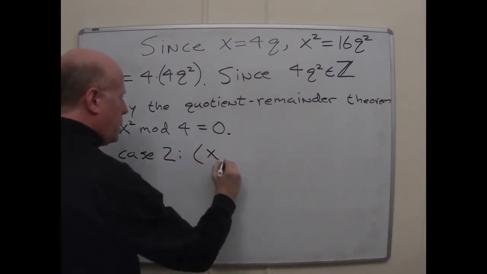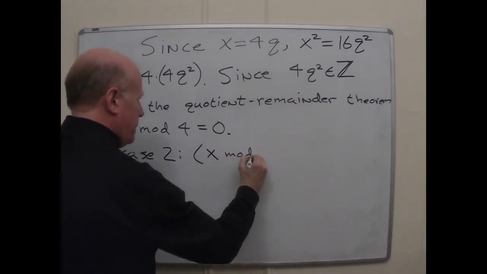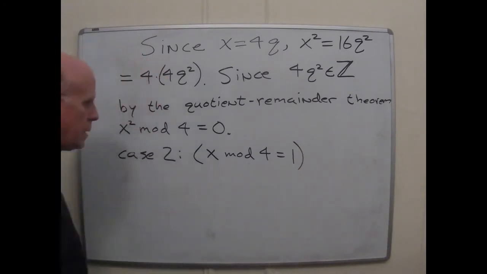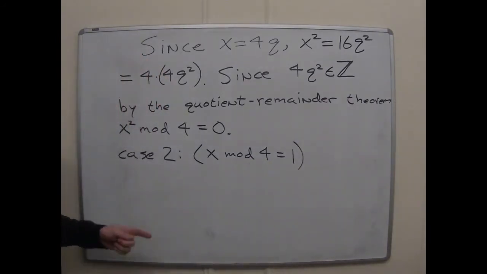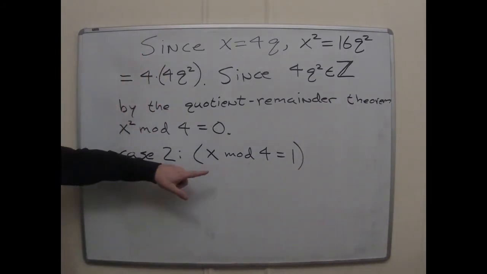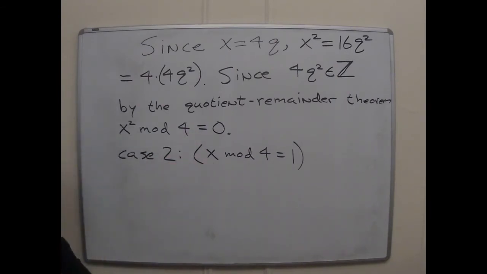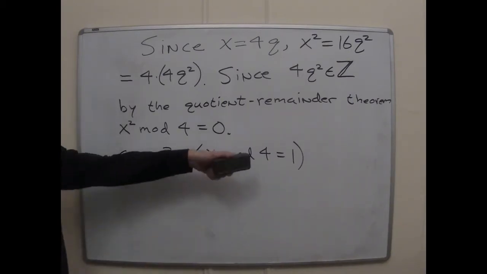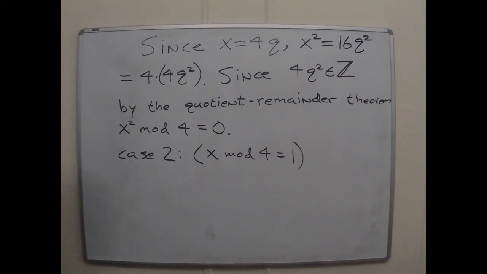This is when x mod 4 is 1. And maybe I'll cite the quotient remainder theorem right now, because that's what we're using in all of these, which is to say that x is going to look like some multiple of 4 plus a 1, because the remainder is 1.